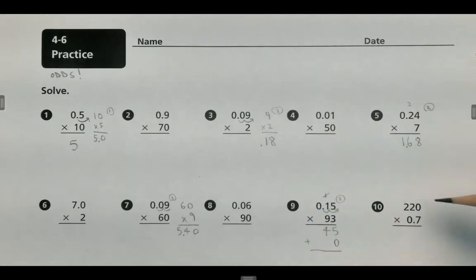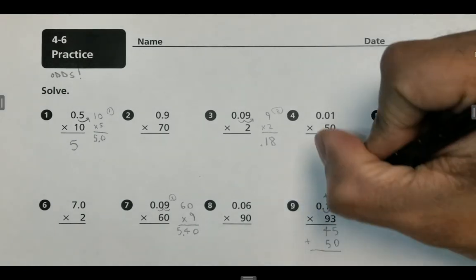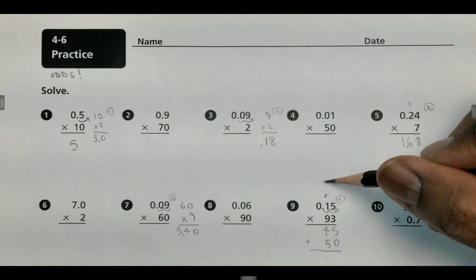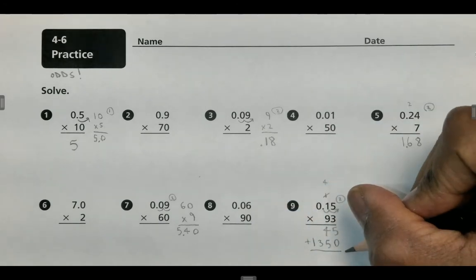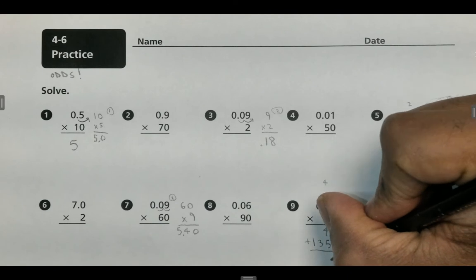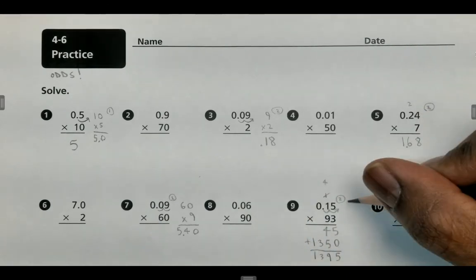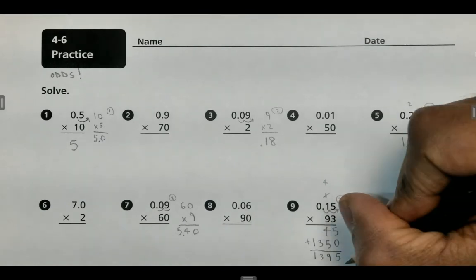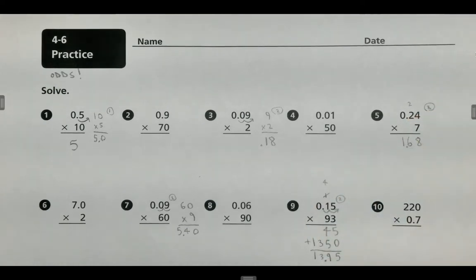Cross out what I had carried previously. 9 times 5 is 45. 5 comes down, 4 gets carried. 9 times 1 is 9, plus the 4 is 13. Add my columns. 5 and 0 is 5. 4 and 5 is 9. 3 comes down, 1 comes down. And now, remember, I need to come back in two places from the end to insert that decimal point. Pew, pew. 13 and 95/100.